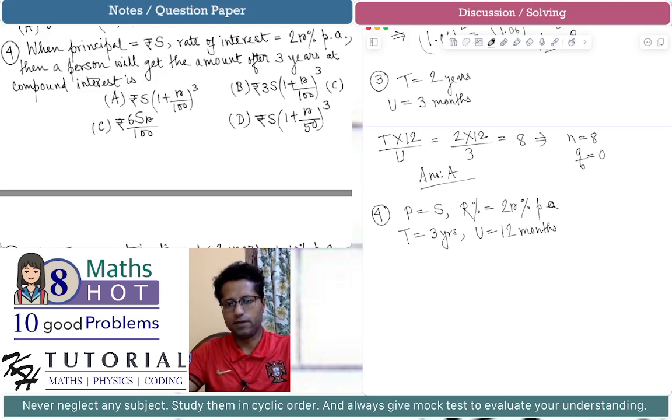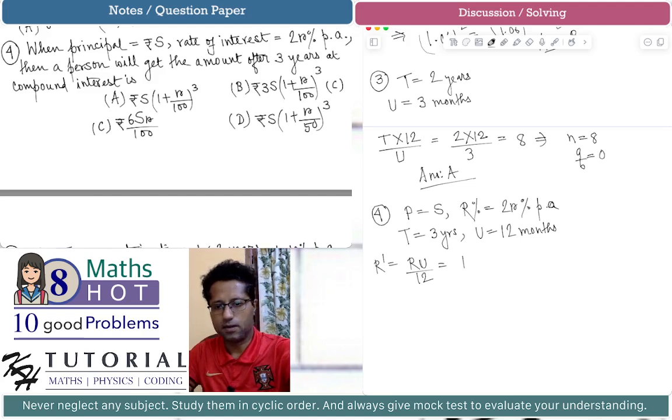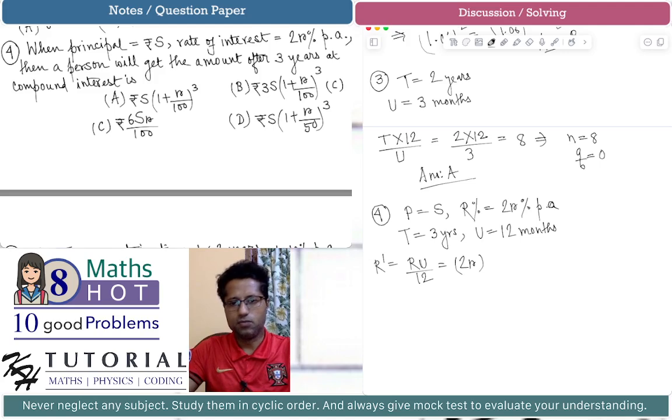Now, we have to find r dash. What is r dash? R dash is R u by 12. The capital R is given to be twice small r, and u is 12, so u by 12. Since it is compounding annually, we should always remember that r dash will be equal to R, that is the given rate of interest per annum.